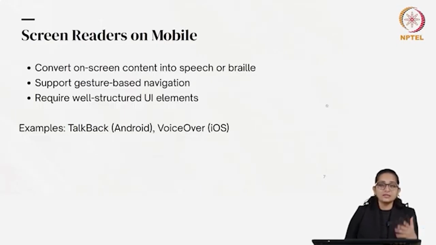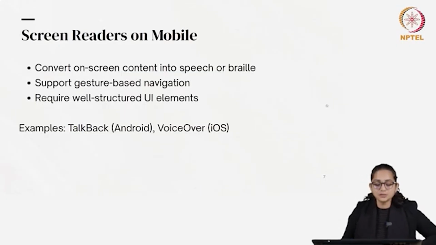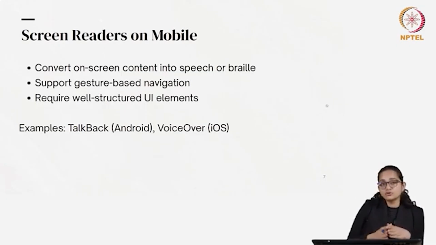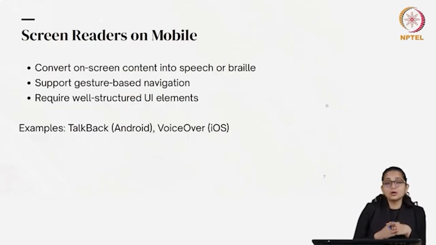I am currently in heading 1, button 1, and I want to go to heading 1, button 2. I can just keep swiping right. The keyboard interaction for a screen reader is tab, but on a phone it is swipe, so it is gesture based.